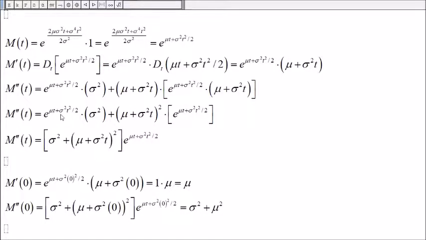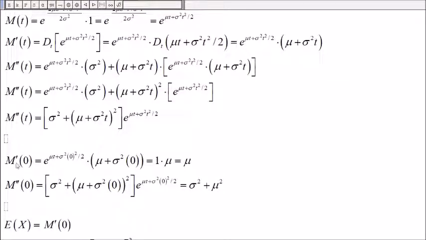And now we can see that the common factor is e to the mu t plus sigma squared t squared divided by 2, and what's not common is sigma squared plus this expression squared. So this is the moment generating function of the random variable x. This is the first derivative. This is the second derivative.